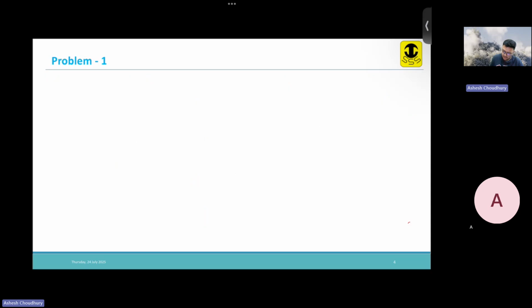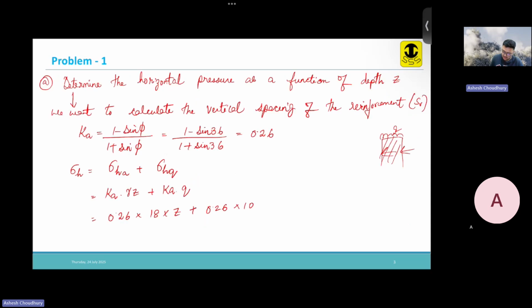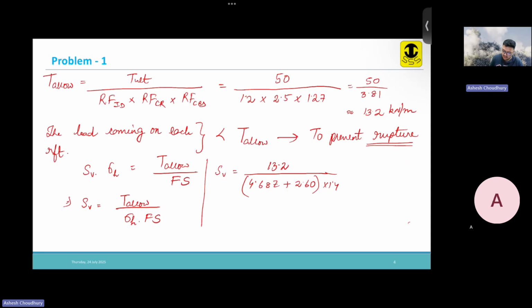So sigma h, we put in this equation, 0.26 into 18 into z plus 0.26 into 10, which is nothing but 4.68 z plus 2.60, into 1.4. From here we get the spacing as a function of z, that is the depth.